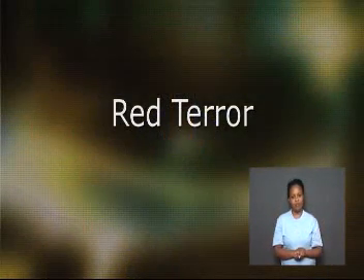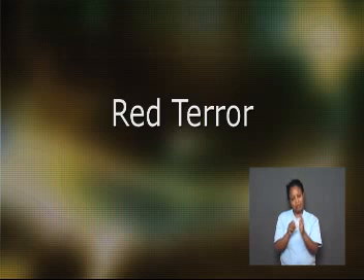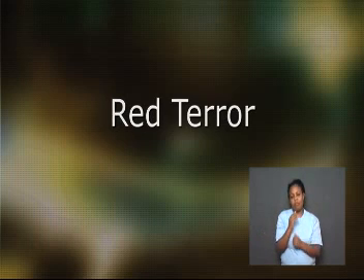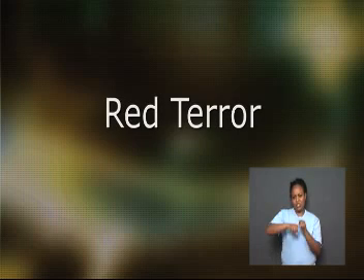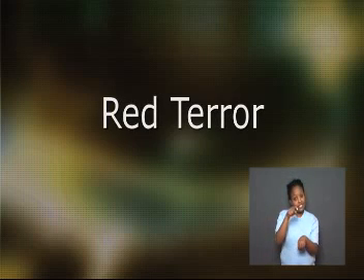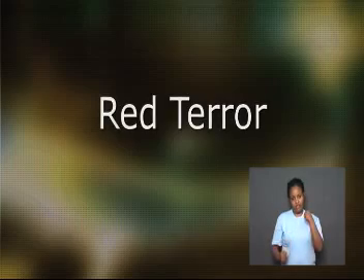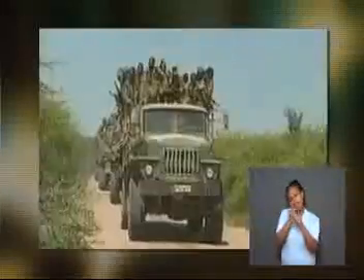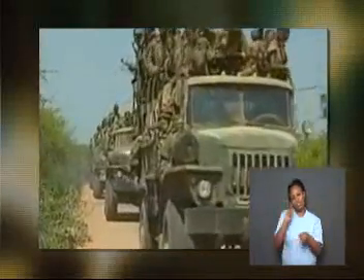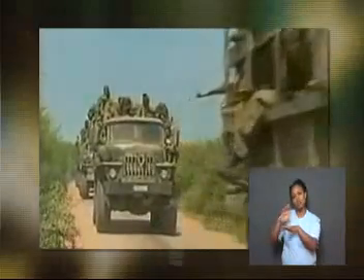Hello again, students. One fairly recent example of the absence of rule of law in Ethiopia is the Red Terror of the late 1970s. During this time, the military dictatorship waged a campaign of terror over the unprotected and defenseless civilians of Ethiopia.